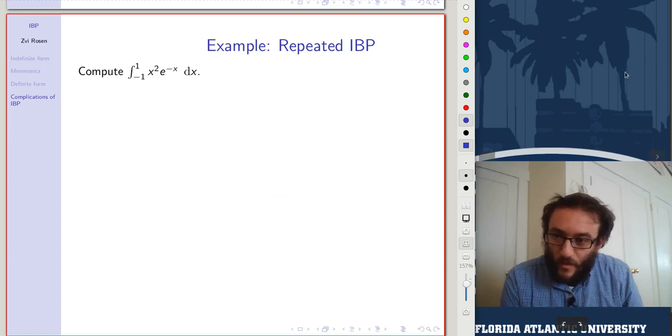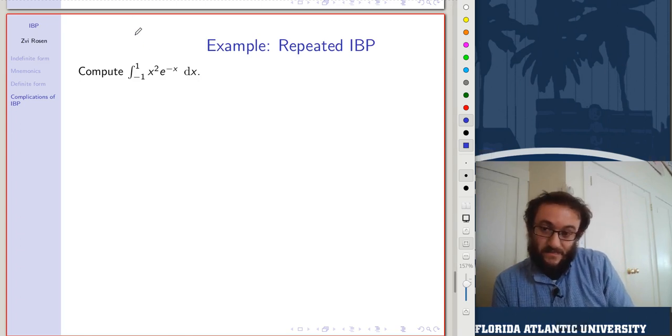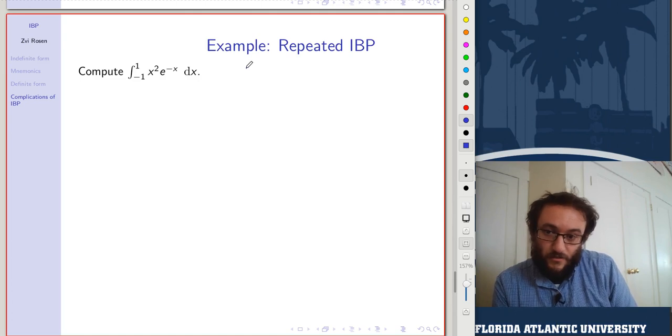We want to compute the integral from minus 1 to 1 of x squared e to the minus x dx. Okay, so first step, we can choose our u and our dv. So this is an algebraic function, and this is an exponential function.